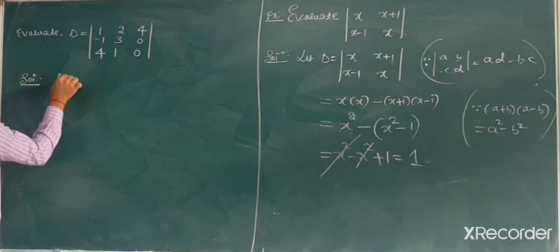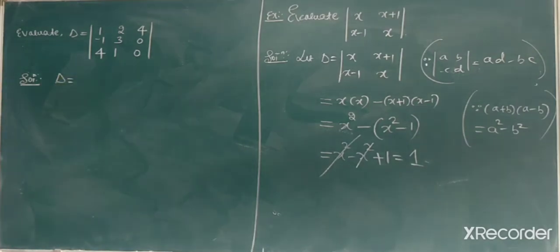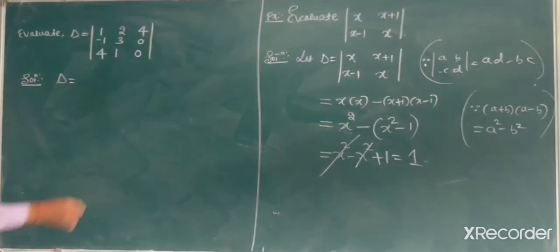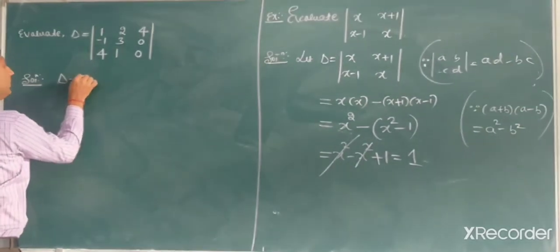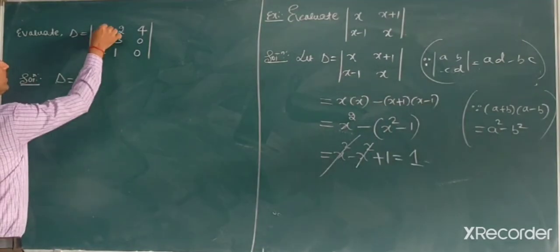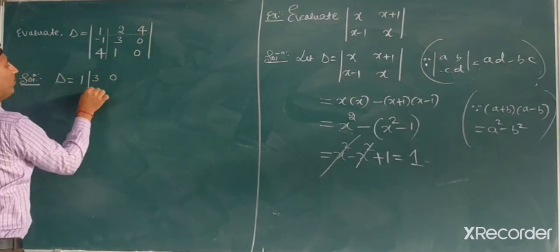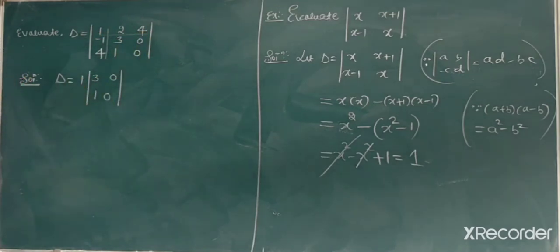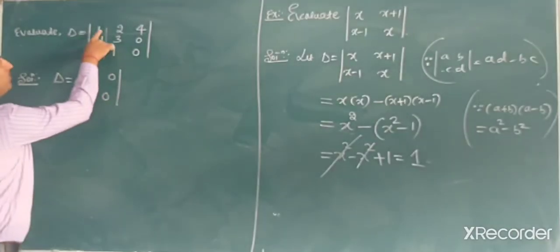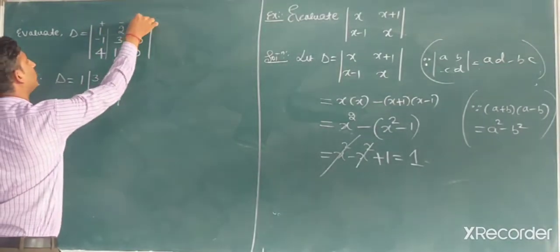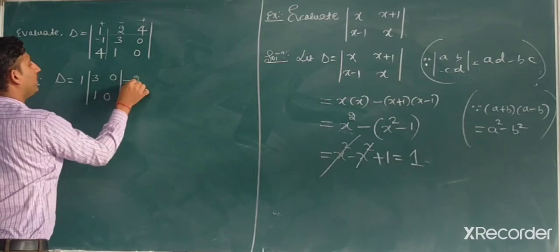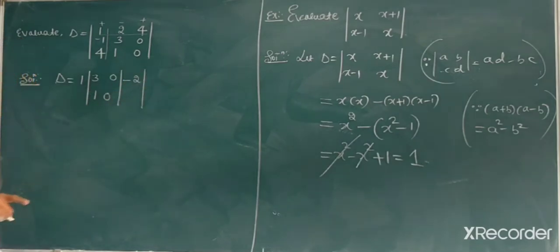Delta is equal to, you have to eliminate the first row and first column. We take 1 into, eliminating this column and this row, the determinant 3 0, 1 0. After that, this place is the minus position, so you write minus 2.